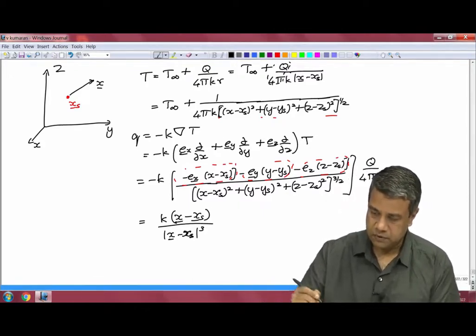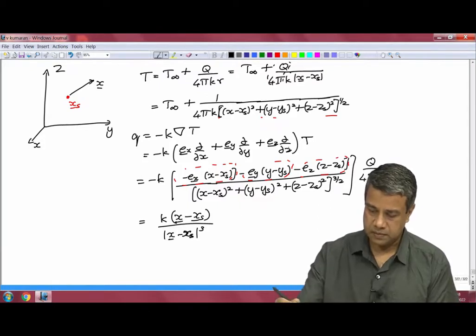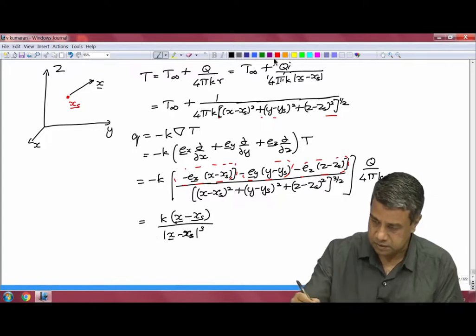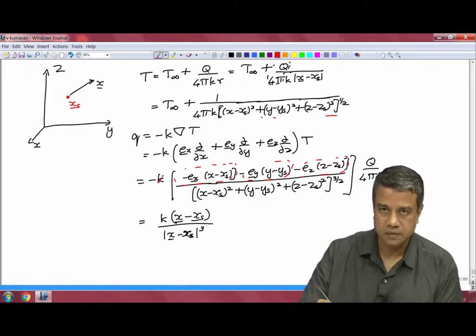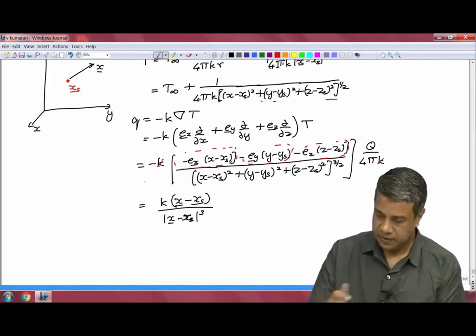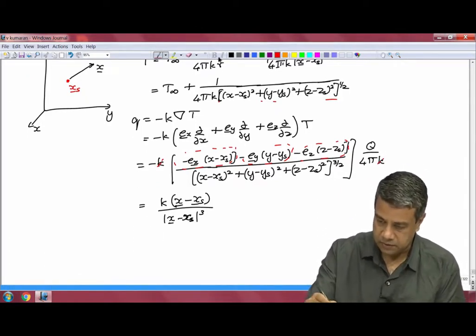This factor of q by 4 pi k in the expression for the temperature should be put in here, and from that the factor of k will cancel out on both sides. And so this will give me 1 over 4 pi.